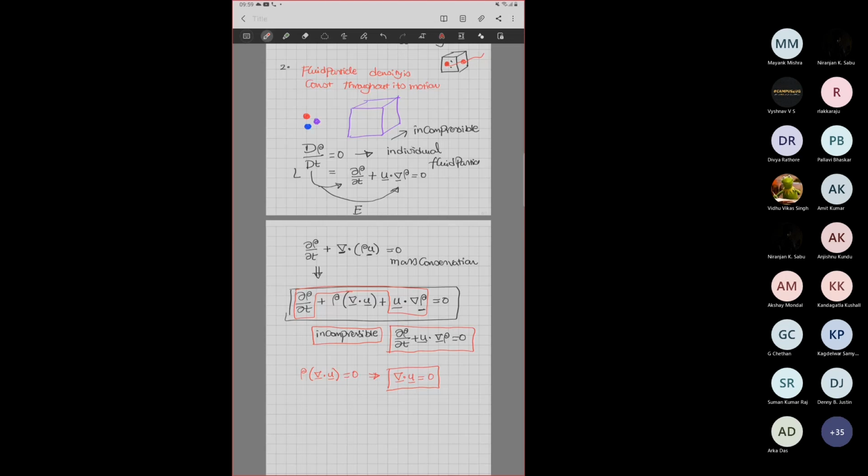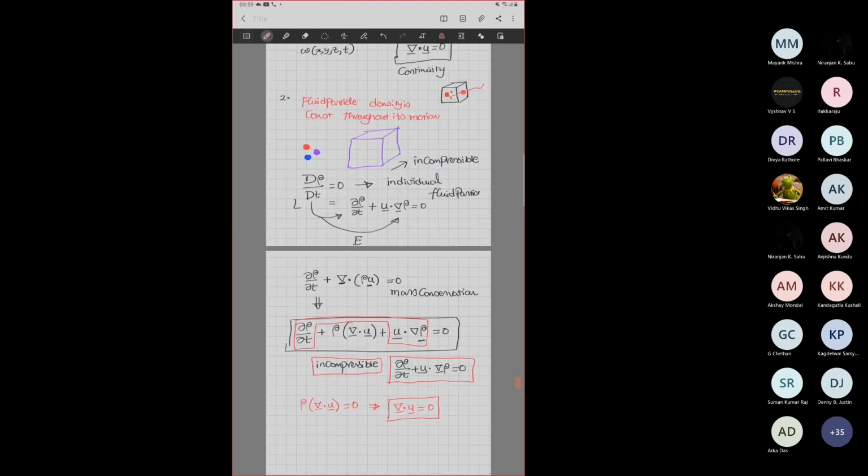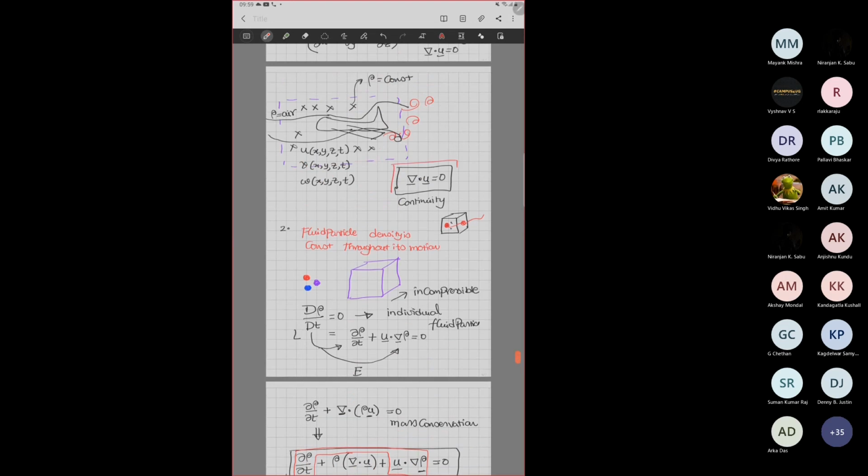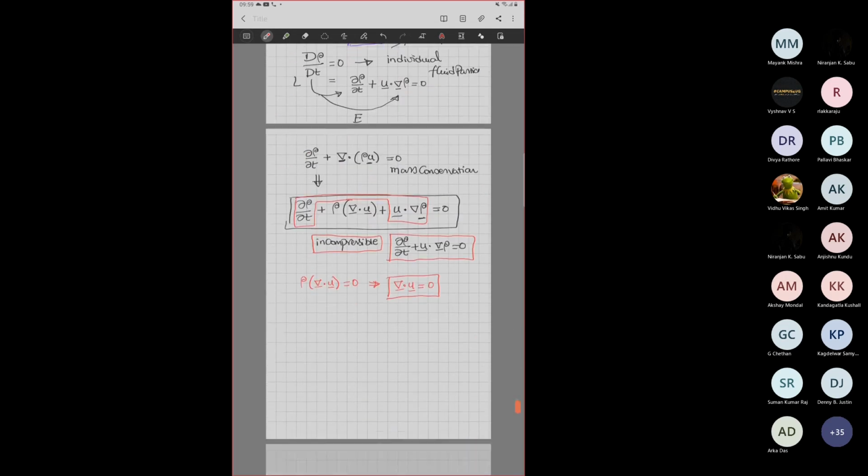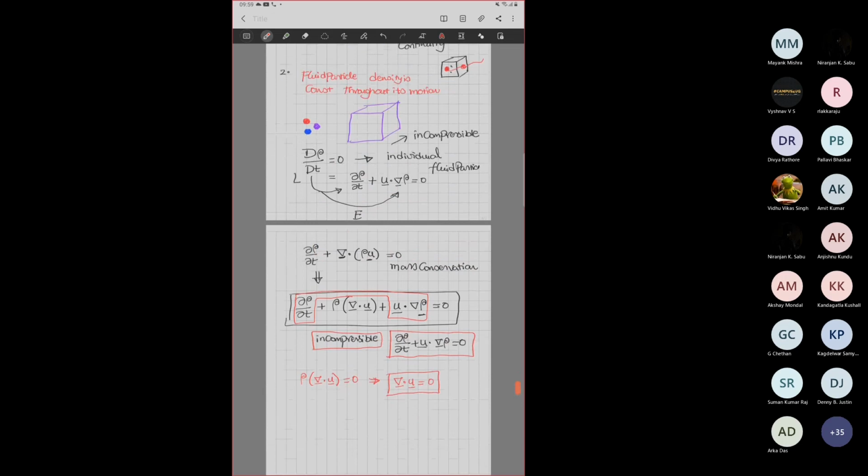In case I pretend within that volume the density is constant, we will end up with del dot u is equal to 0. It has nothing to do with the incompressibility assumption. It is just to say that your density is constant everywhere. If that is the case, it turns out to be del dot u is equal to 0. Similarly, if I begin with the incompressibility assumption, again I will end up with del dot u is equal to 0 because of the mass conservation principle.